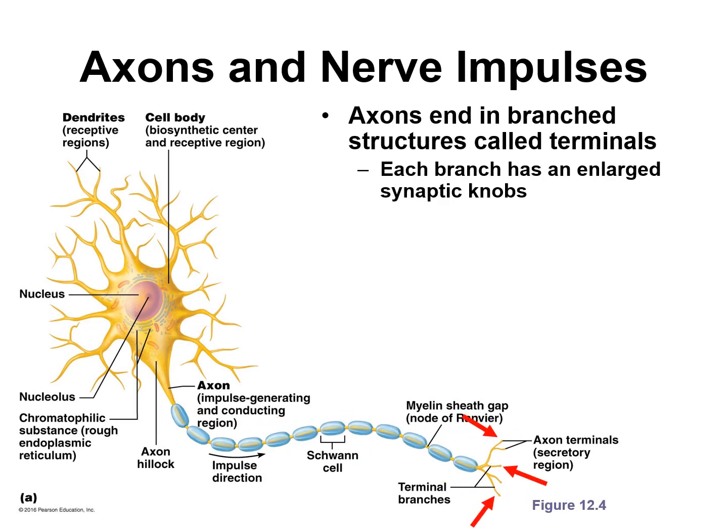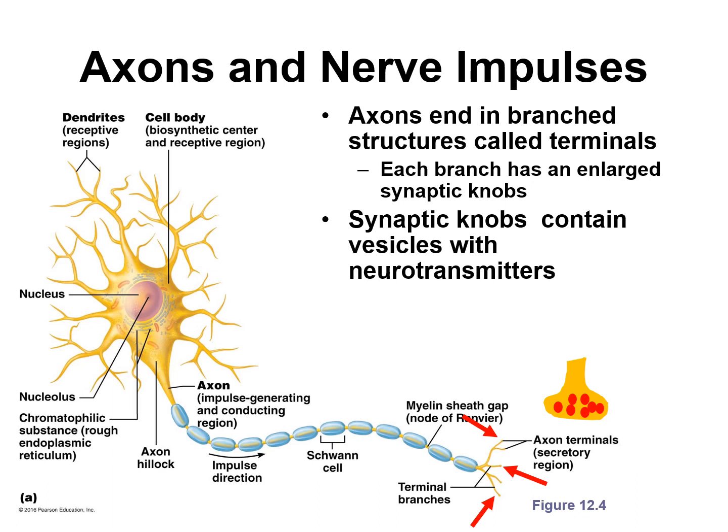Axons branch at the end into structures called axon terminals, and each axon terminal is enlarged at the end into what are called synaptic knobs, as shown here in this little yellow structure that I have drawn.